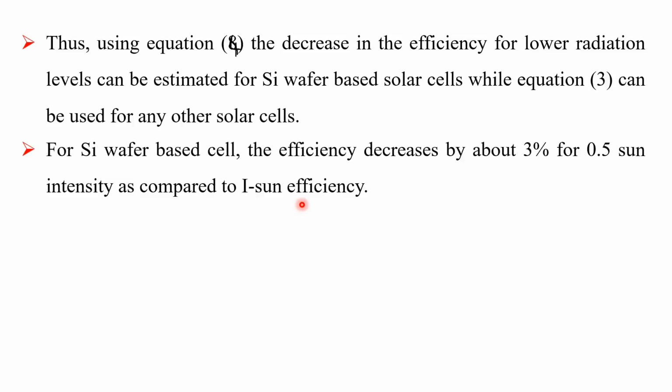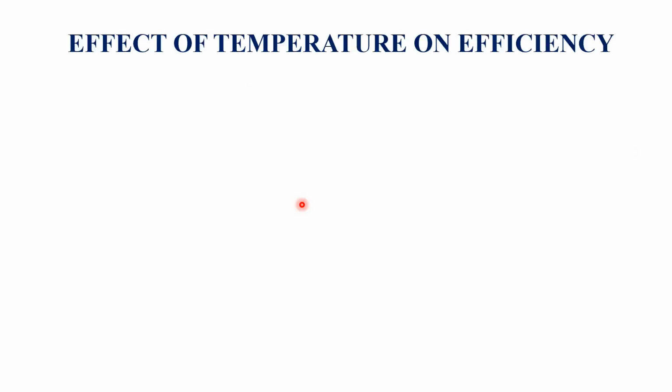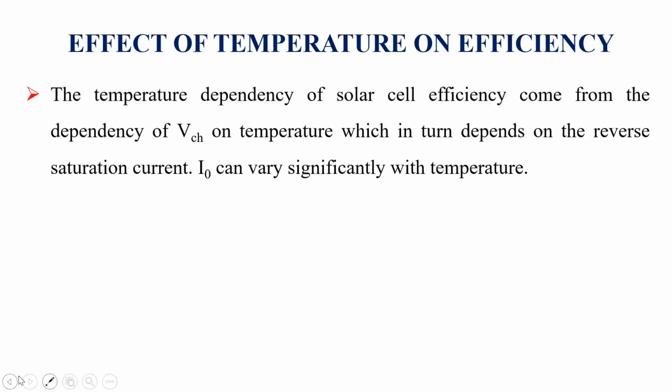Now let us discuss the last effect, which is the effect of temperature on the efficiency of a solar cell. The temperature dependency of solar cell efficiency comes from the dependency of V_OC on temperature, which in turn depends on the reverse saturation current I_0, which can vary significantly with temperature.